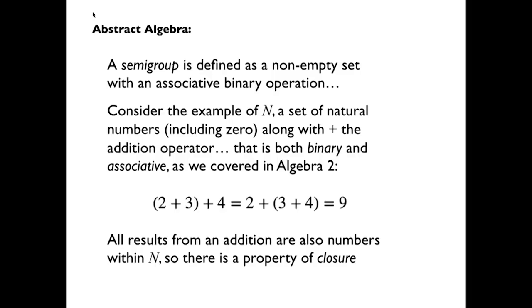Remember that we were able to say (2 + 3) + 4 is the same as 2 + (3 + 4). They both equal 9, but you can move the parentheses around. That's associative. And we know that the plus operator is binary. It takes 2 operands. So we've got an associative binary operation.